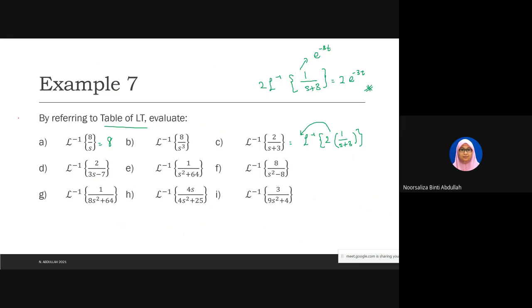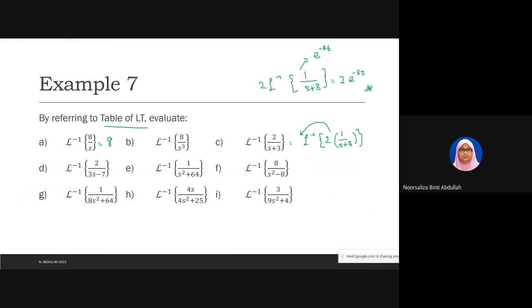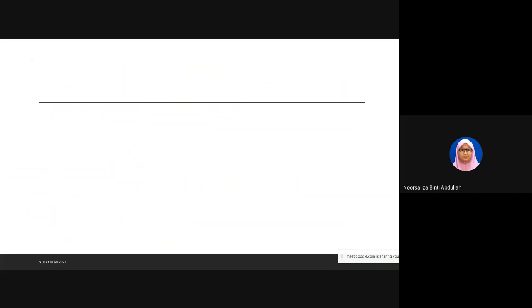Tak ada? Okay, kalau tak ada kita tengok next example is if we want to find the inverse of 4s over 4s square plus 25. Okay, make sure ini kita kena tinggalkan s sahaja.